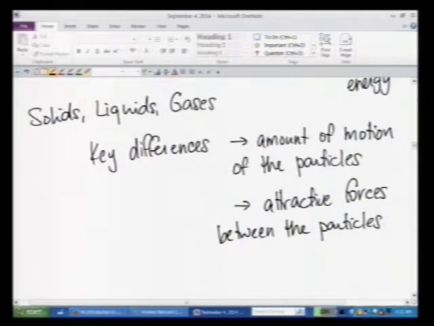So how much they're able to move and how strongly they're attracted to one another. Those are the key differences between the atoms or particles in solids, liquids, and gases.